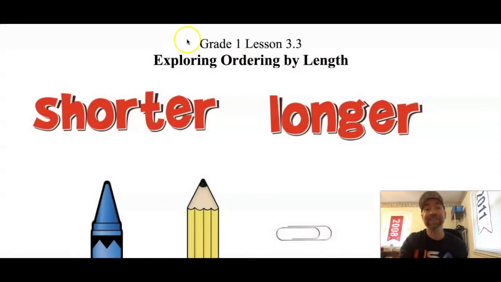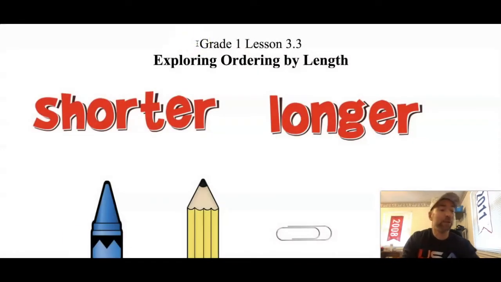Today in math, we're going to be learning about which one of these is shorter and which one of these is longer as we compare the size of some objects. So, let's get started as I shrink myself into the corner.